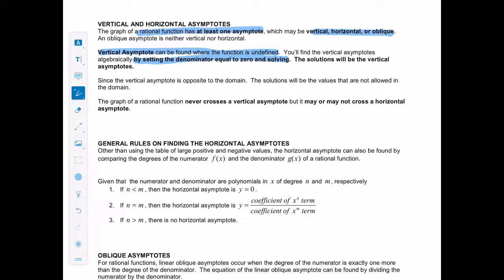The graph of a rational function never crosses a vertical asymptote, but it may cross a horizontal asymptote. I'm going to add something else in here.